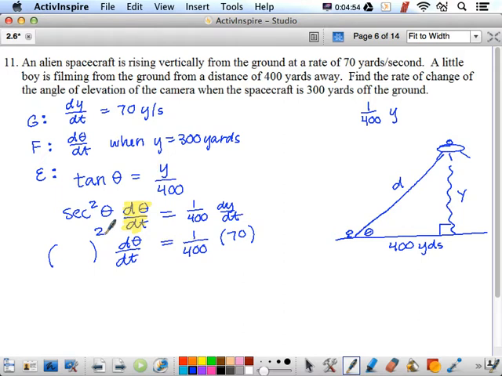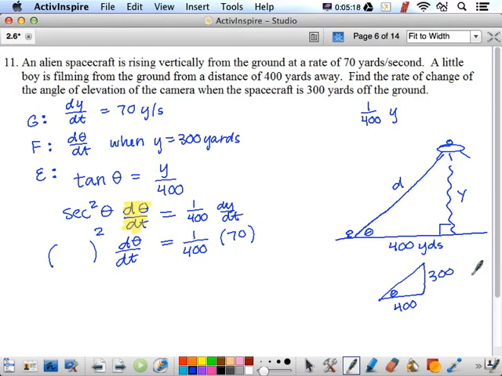Okay, so come over here and think through the situation. At this moment in time that I'm interested in, this is 300, this is 400, and we still have no idea what theta is, right? But do you understand that trig functions are just ratios of the sides? So secant squared is just two of these sides stacked on top of each other.